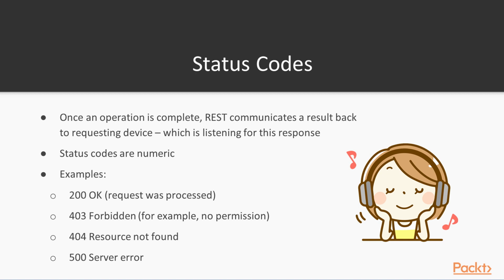But there may not be other data, it may simply just have a status code by itself. If the operation was successful, the server will generally respond with a 200 OK response. If there's a problem, it'll use a different code based on what the actual problem is. We've got a few displayed on the screen, but there's a whole range of status codes that are used in REST. Typically more than what are used in traditional web publishing.